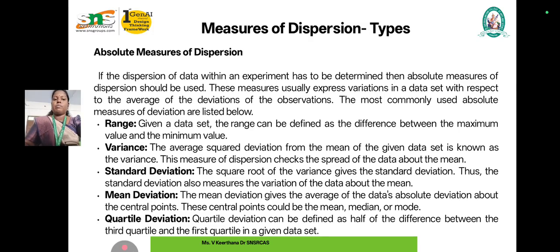It also measures the spread of the data set about the mean. Next is mean deviation. It gives the average absolute deviation about the central point. These points could be mean, median or mode. Quartile deviation can be defined as half of the difference between the third quartile and first quartile in the given data set.